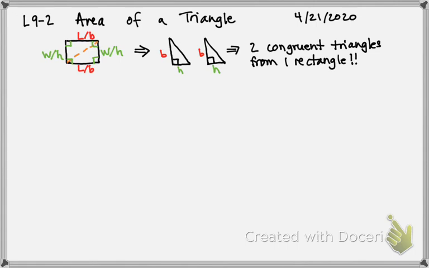So that kind of ties into how we figure out area. So let's go back and do the area of a rectangular parallelogram. A is equal to the base times the height.